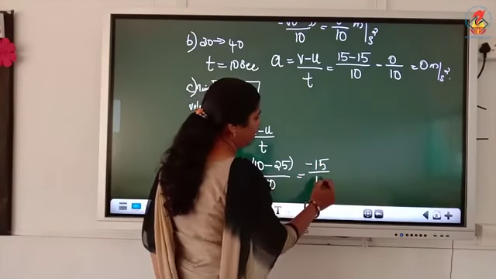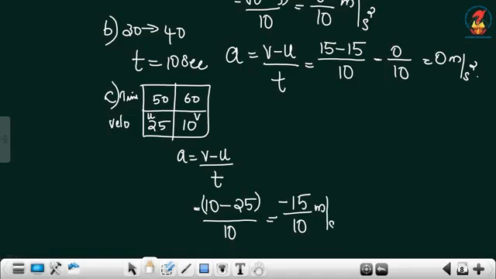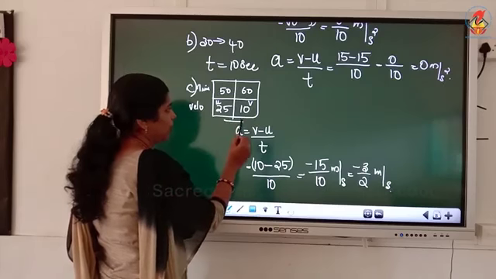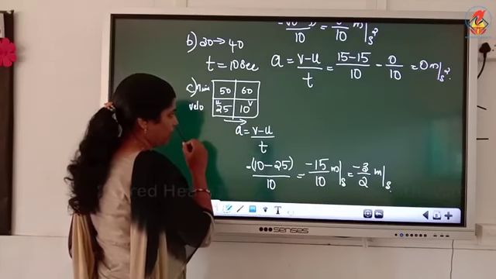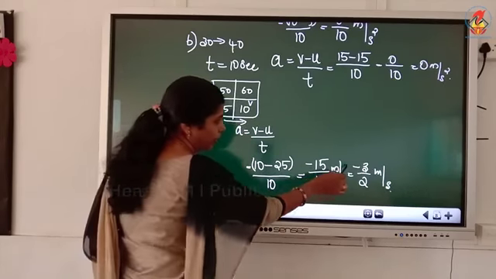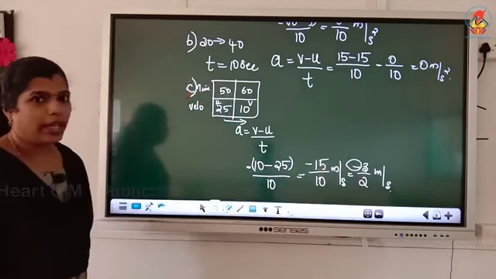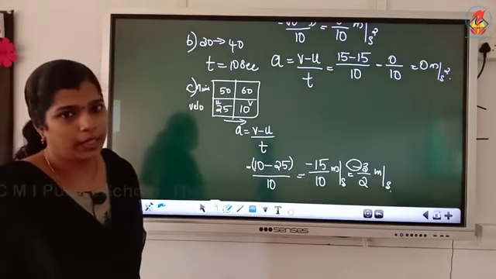Negative 15 by 10 meter per second square, or you can write it as minus 3 by 2 meter per second square. So here the velocity is decreasing, so acceleration will become negative.